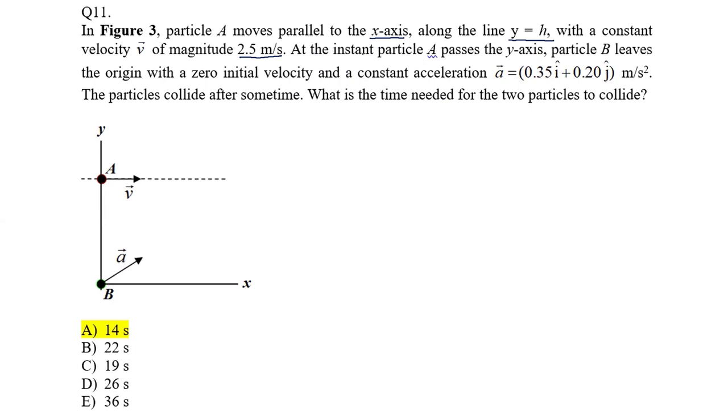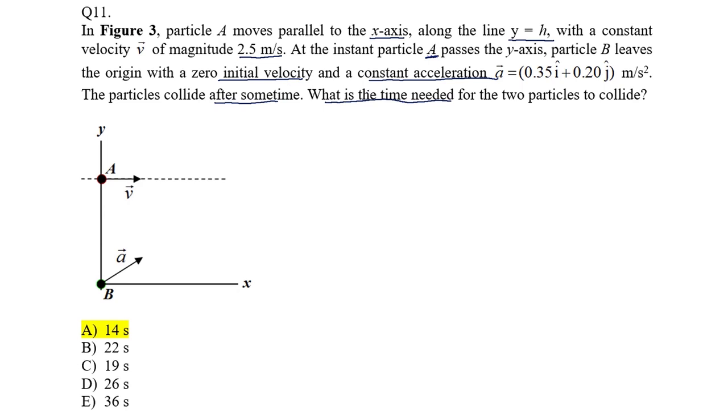At the instant the particle A passes the y-axis, the particle B is leaving the origin with a 0 initial velocity. This is very important, and constant acceleration. So the particle collides after some time. What is the time needed for the two particles to collide?